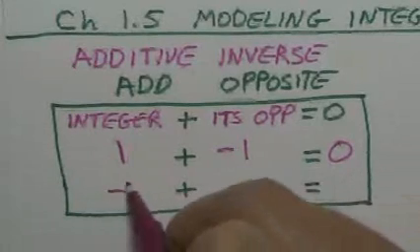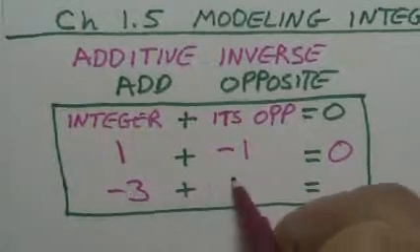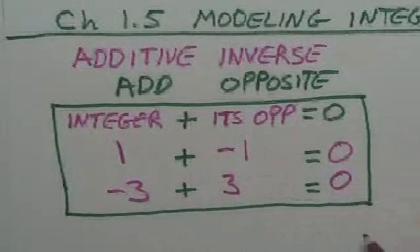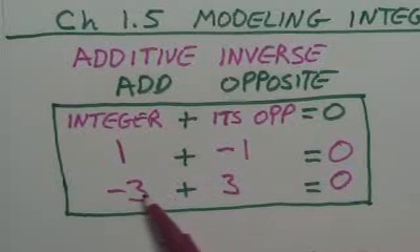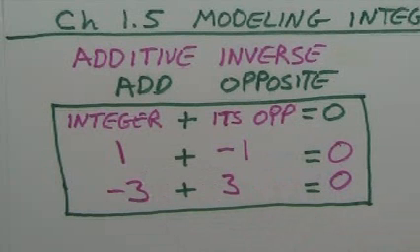Let's try negative 3. If I take negative 3, an integer, and I add its opposite, the opposite of negative 3 is positive 3, that equals 0. 3 is the additive inverse of negative 3. So an integer and its opposite is equal to 0.